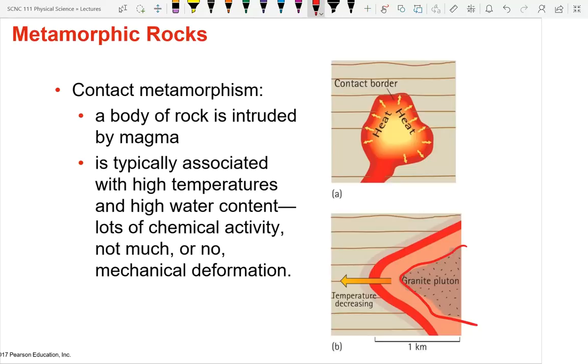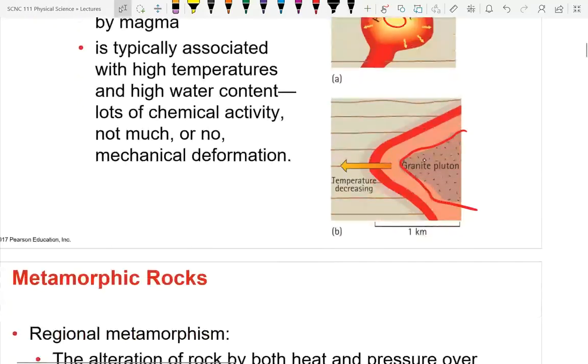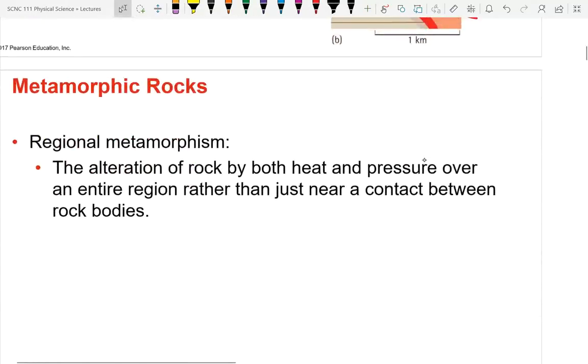On the boundaries of that pluton, you go from hot enough to melt rock to not hot enough to melt rock. In the region between, you have an intermediate zone where it partially melts, and that's where you would have metamorphism. This shows another example of a hot spot, and on the borders you'd have metamorphism occurring.